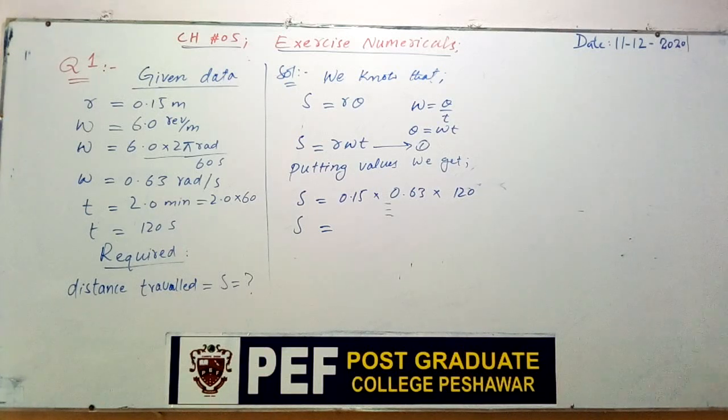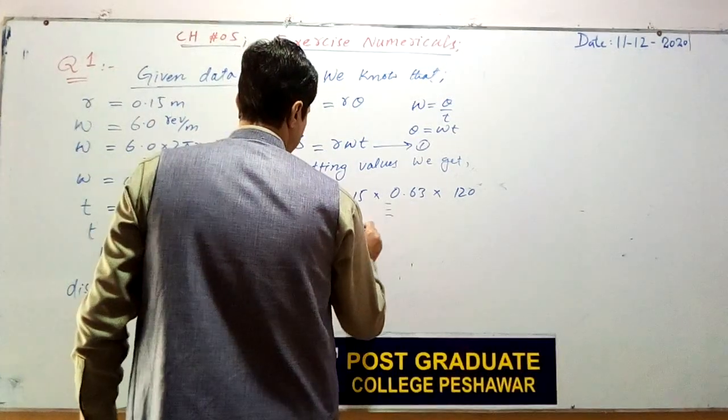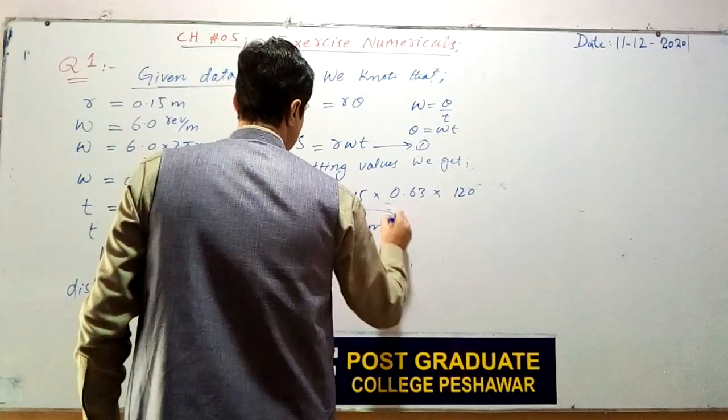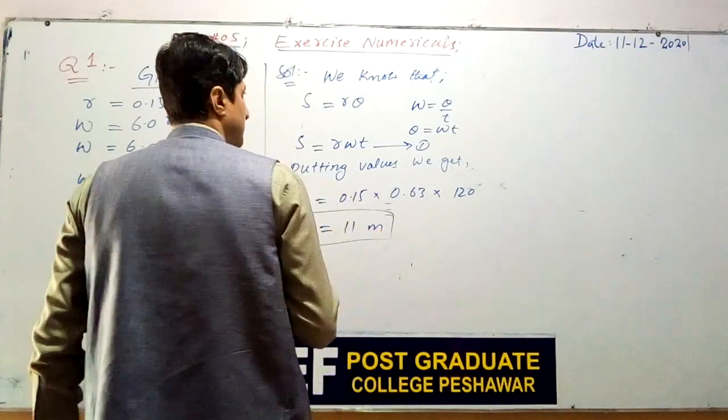So S will be equal to 11 meter. Let me calculate this. By performing this calculation, we get 11 and the unit of this is meter. So this is the value for the distance.